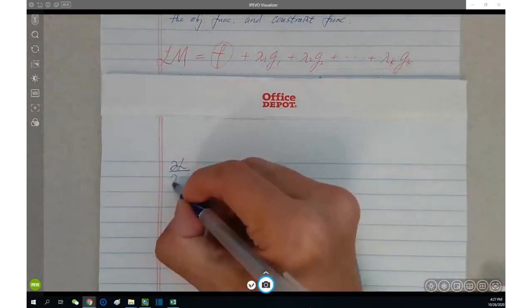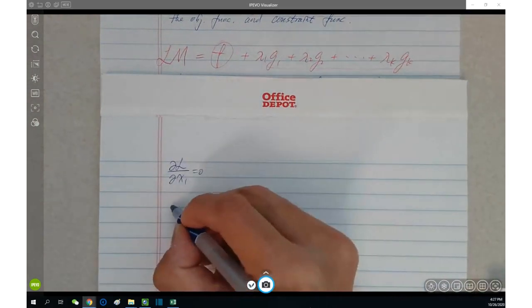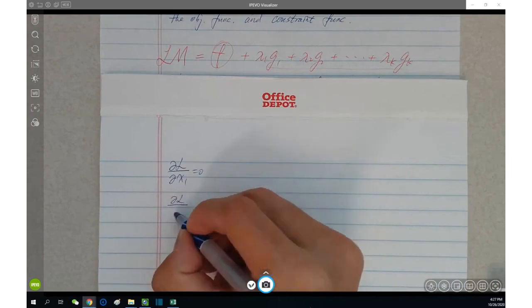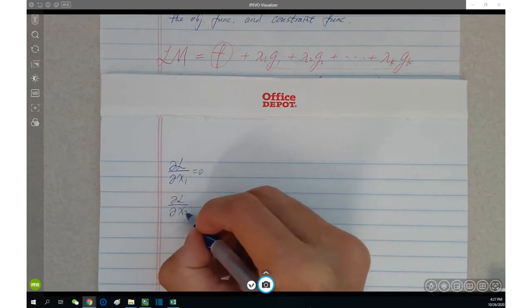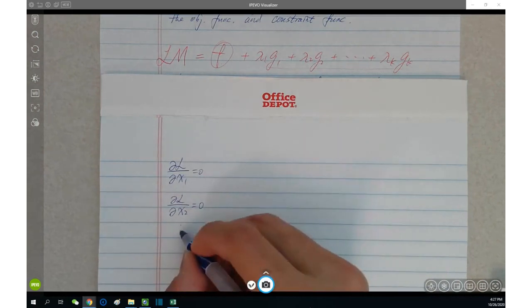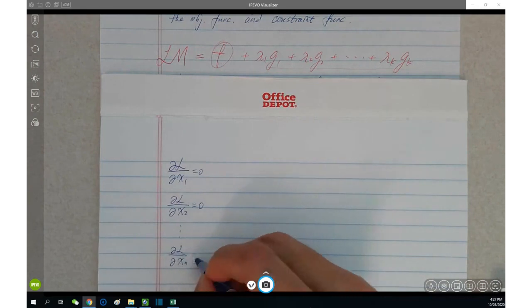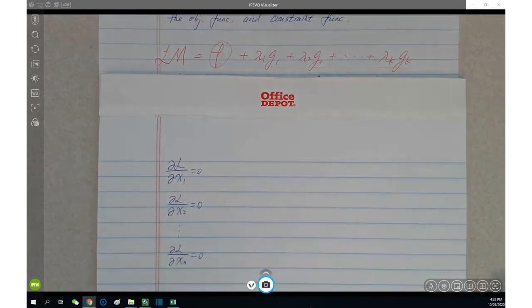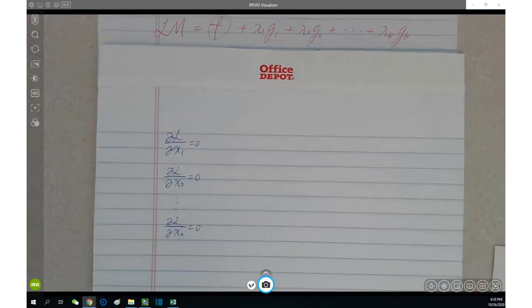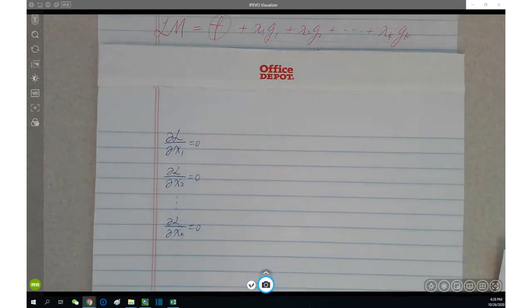With respect to x1 equals 0, right? And then this partial derivative with respect to x2, all the way to xn. Then obviously we are not done yet, right? Due to the newly introduced lambda 1 through lambda k, what do you need to do?